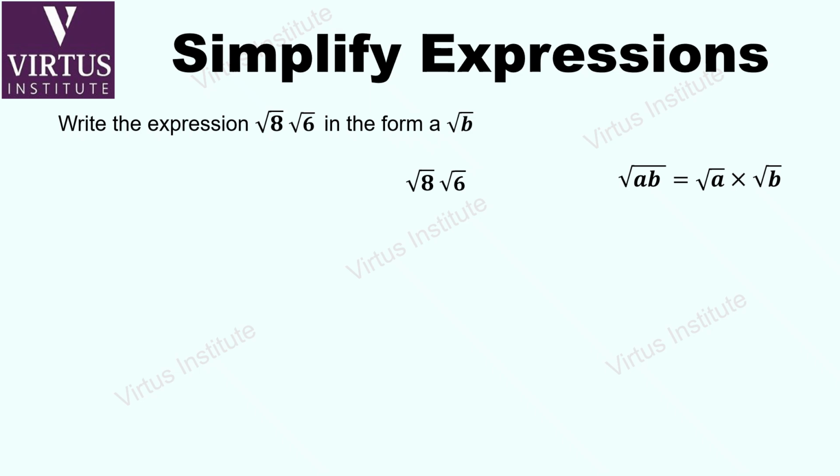The square root of 8 multiplied by the square root of 6 equals the square root of 48.